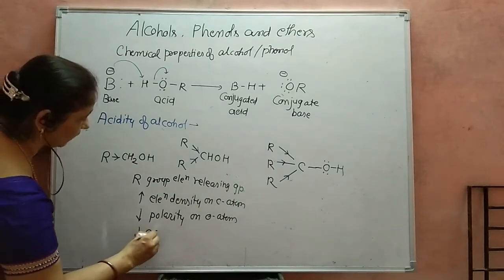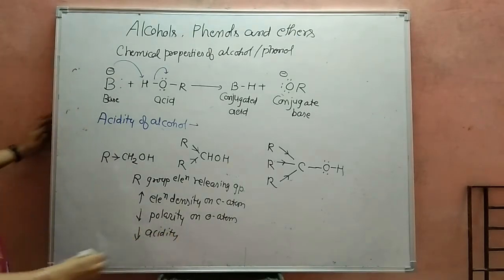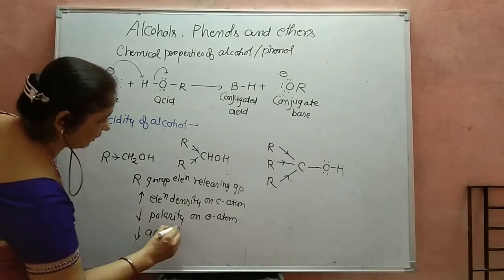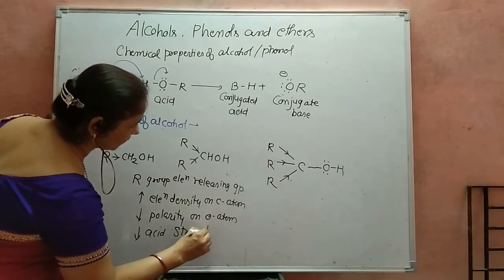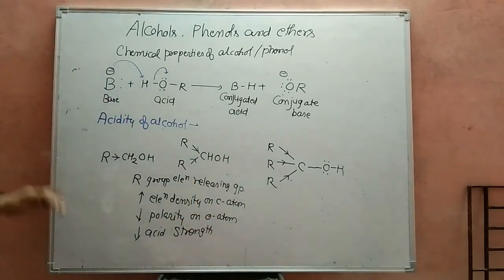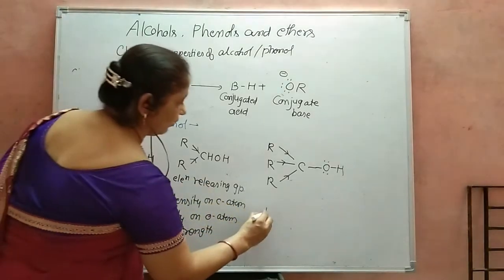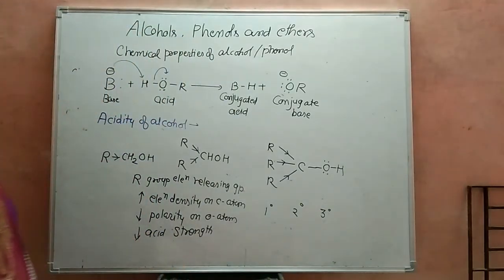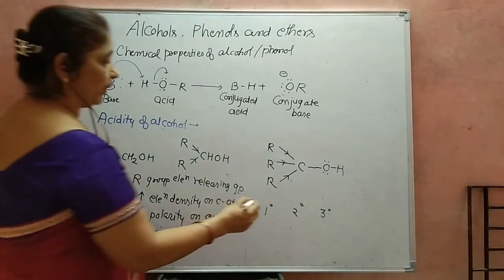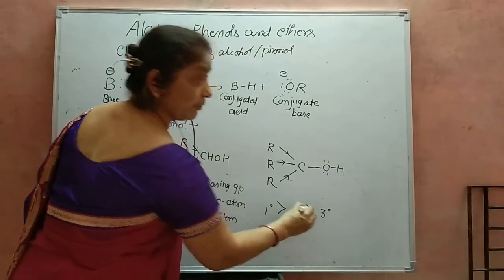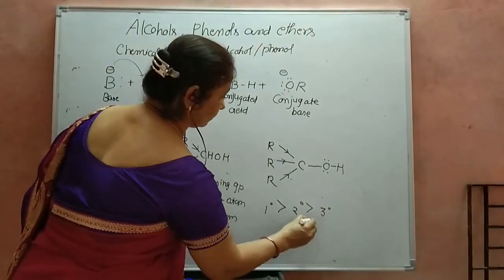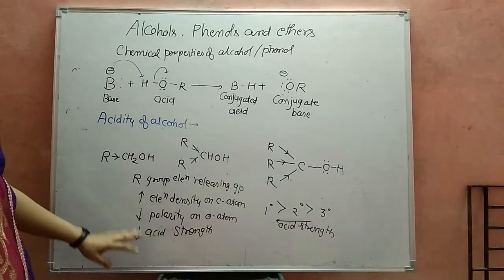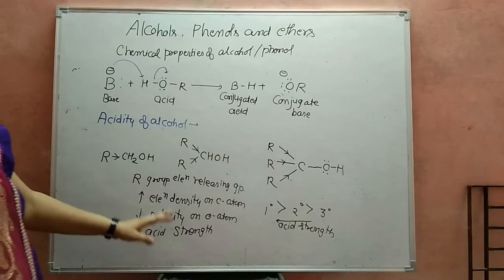Hence it decreases the acidity. एसिड स्ट्रेंथ को भी डिक्रीज करेगा. It means if we compare 1 degree, 2 degree, 3 degree के एसिड स्ट्रेंथ को कंपेयर करते हैं तो 1 degree more acidic, so the number of R groups affects the acid strength of alcohol.